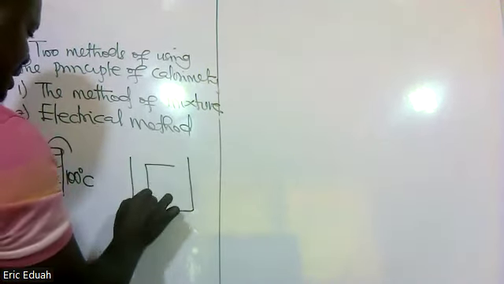Then CM, CW, CC represent specific heat capacity: CM, of metal, CW, of water, CC, of calorimeter.